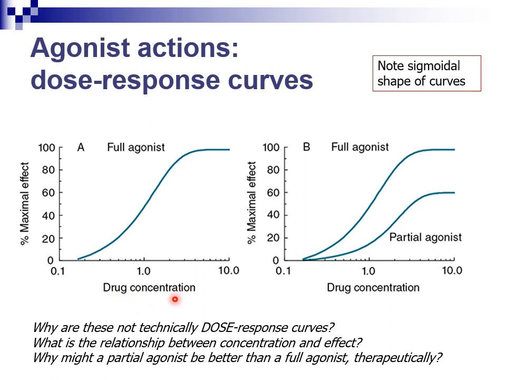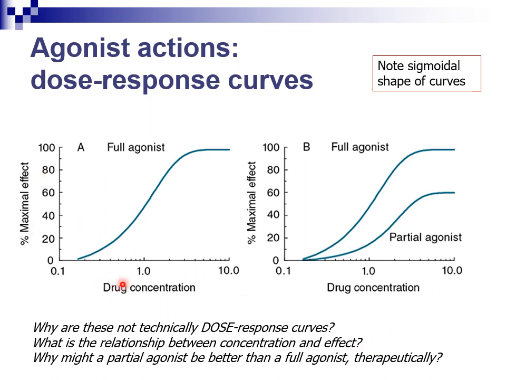But for now, you could either call this drug concentration or you can consider it dose. We're kind of considering those things to be interchangeable at this level of our discussion. Okay, so a curve like this is often called a dose-response curve, although technically it's a concentration versus response curve. Second thing is, what is the relationship between concentration and effect?